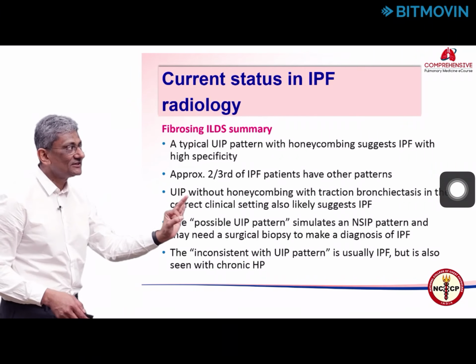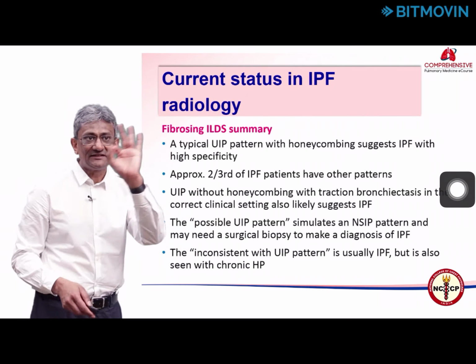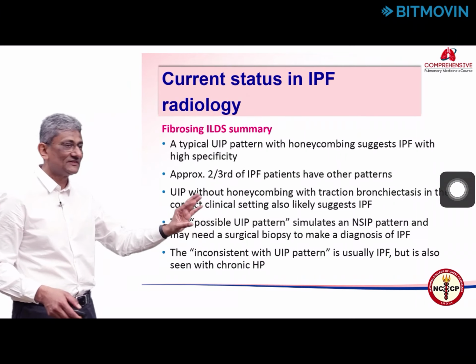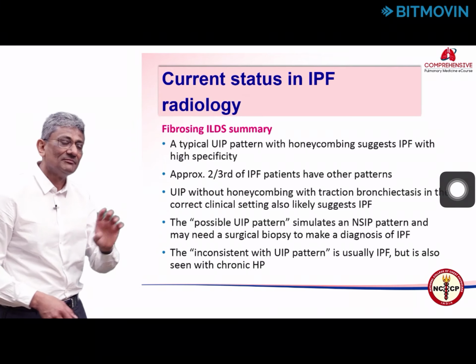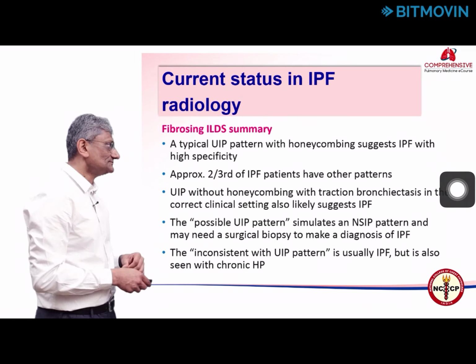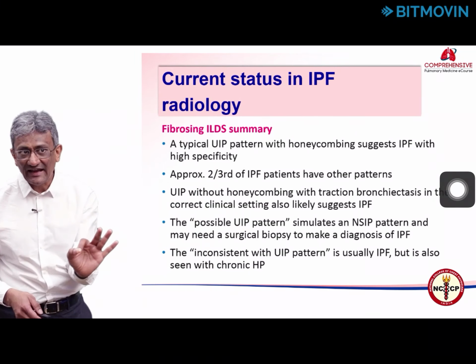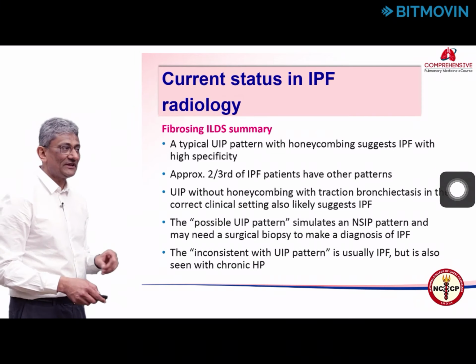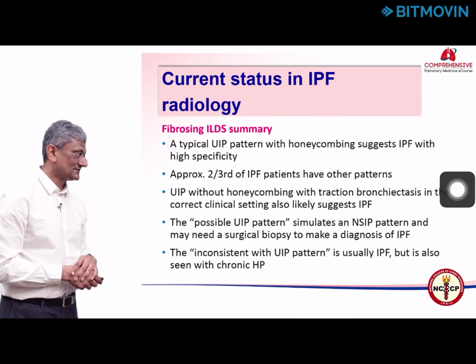If we have a typical UIP pattern with honeycombing, then that suggests IPF with high specificity. That would mean honeycombing, basal predominance, and nothing else. With the understanding that 2/3 of patients have other patterns.